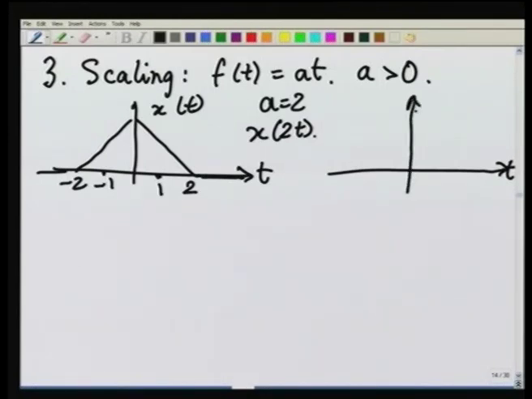The original function x has a salient point at the value of its argument equal to 2. Now, that salient point will occur when 2t equals 2. So, when 2t equals 2, t is equal to 1, fine. So, t is equal to 1.